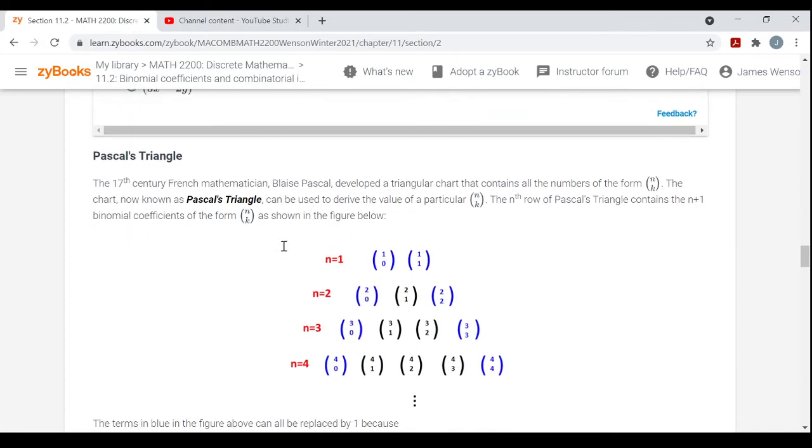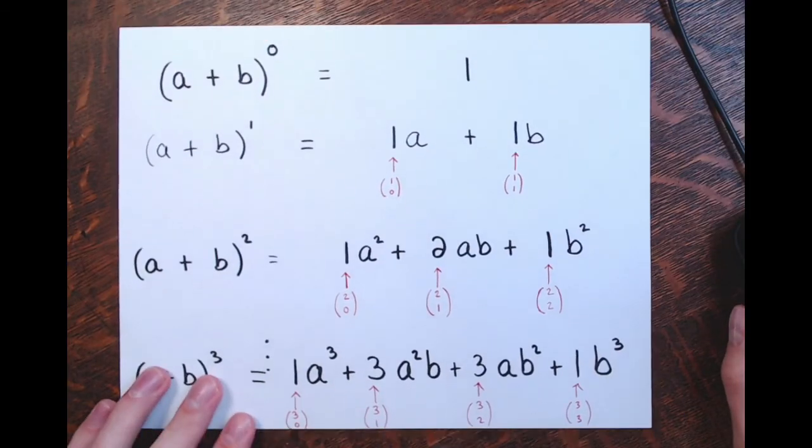Next is Pascal's triangle. Now, I had a page up a second ago where I started raising binomials to whole number powers, starting with 0. Let me show you that again. So that was this.